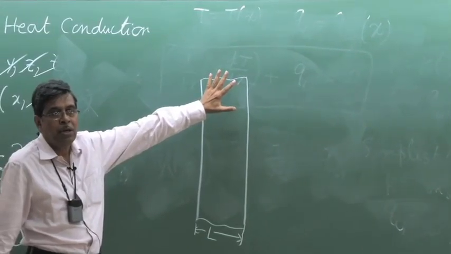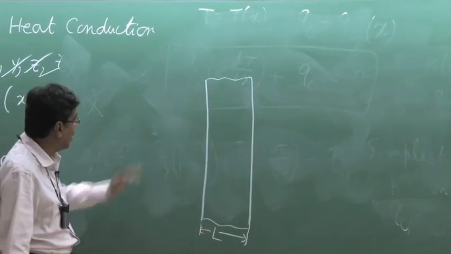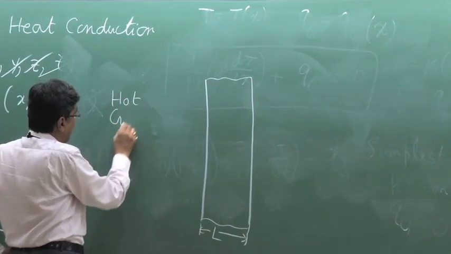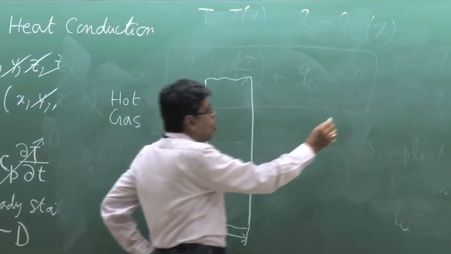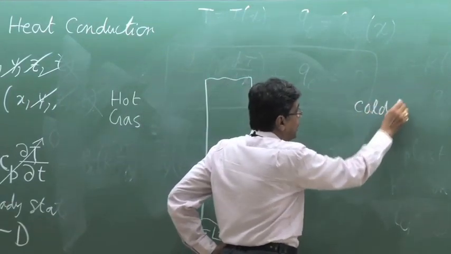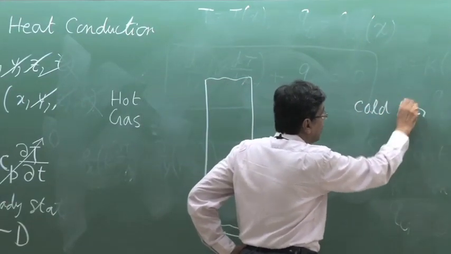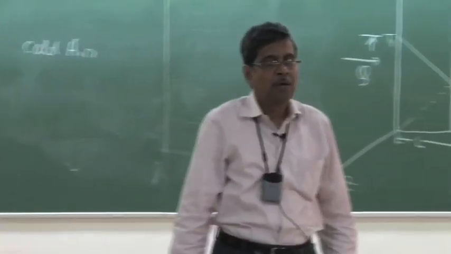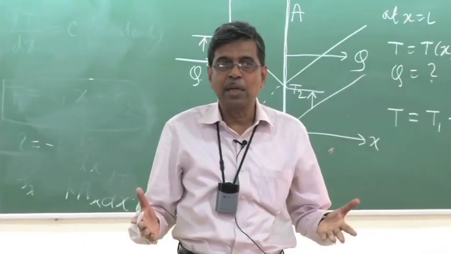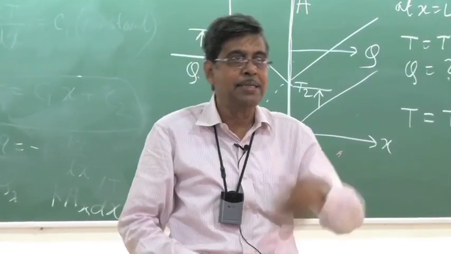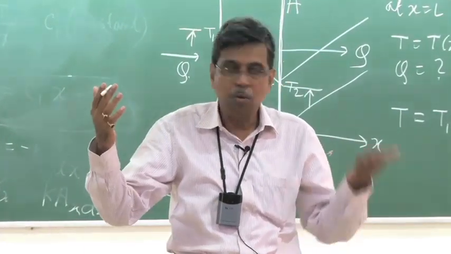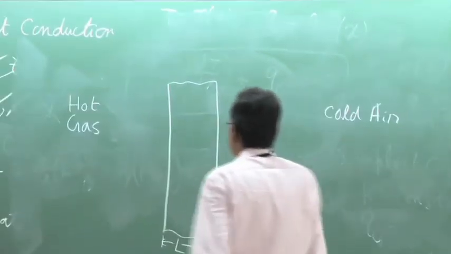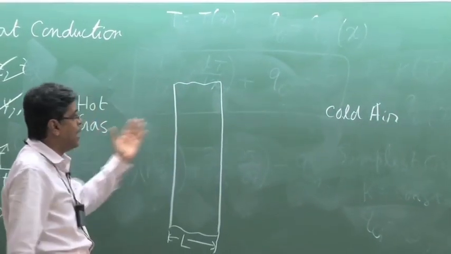A slab is exposed on one side to a hot gas and another side cold air, which is a very, very popular problem. Consider the wall of a furnace. It is the other way in case of the wall of a cold chamber. In the wall of a furnace, the inside is hot gas and outside is cold air.